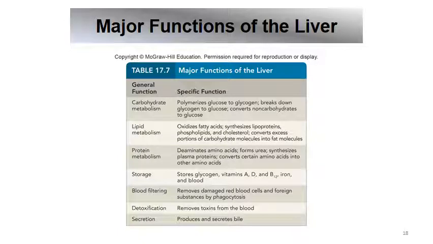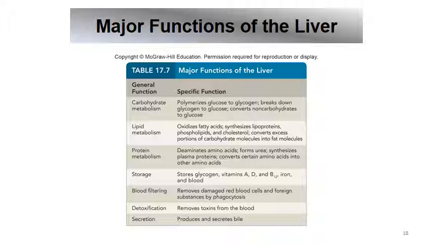Here we're seeing the functions of the liver. One function is carbohydrate metabolism, so it's able to break down carbohydrates. It can even store carbohydrates within the liver. Lipid metabolism, it can break them down and turn them into different molecules if those molecules are deficient. Protein metabolism, and the liver is able to store vitamins and glycogen.